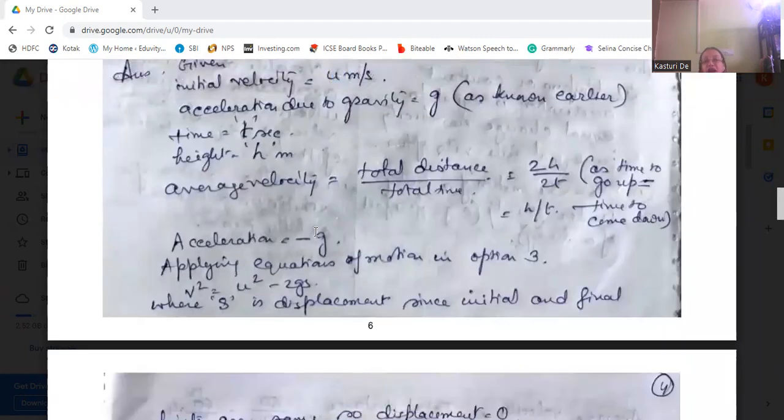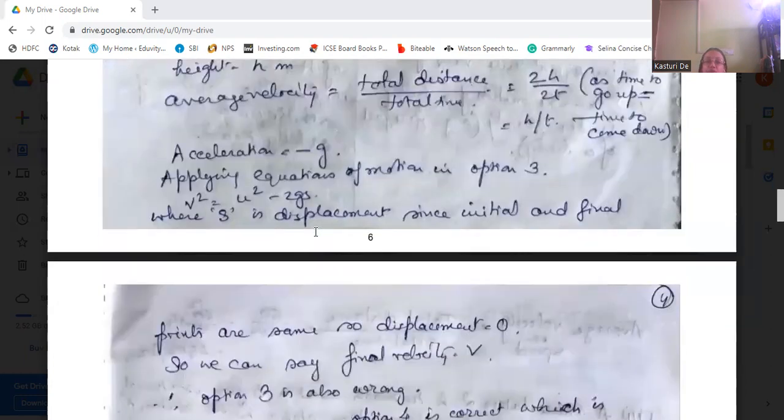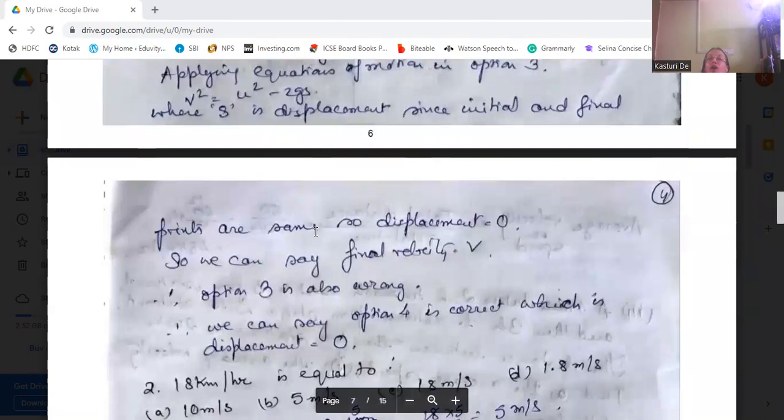Then acceleration: as it is coming down, it will be minus g, that is retardation. And the equation of motion in option 3, that is v squared is equal to u squared minus 2gs, where s is the displacement.